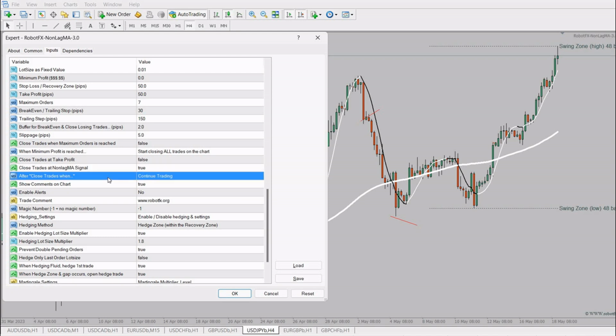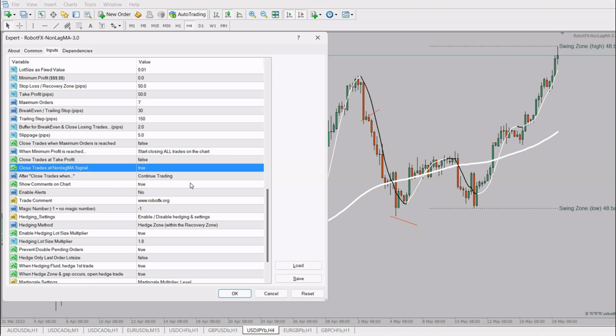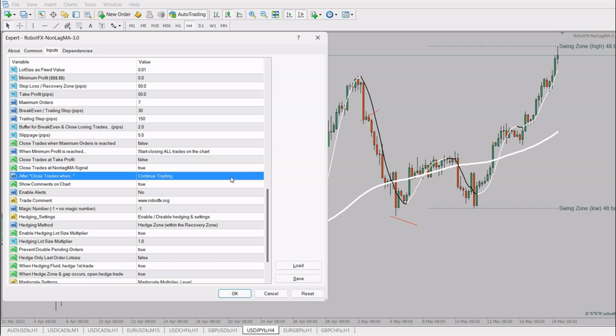And then we have the possibility to instruct the expert advisor to do something when it closes the trades based on these criteria, which are: close trades at maximum orders, close trades based on the minimum profit instructions, take profit, and non-LagMA signal. If the expert advisor executes any of those operations, we can instruct it to remove itself from the chart.